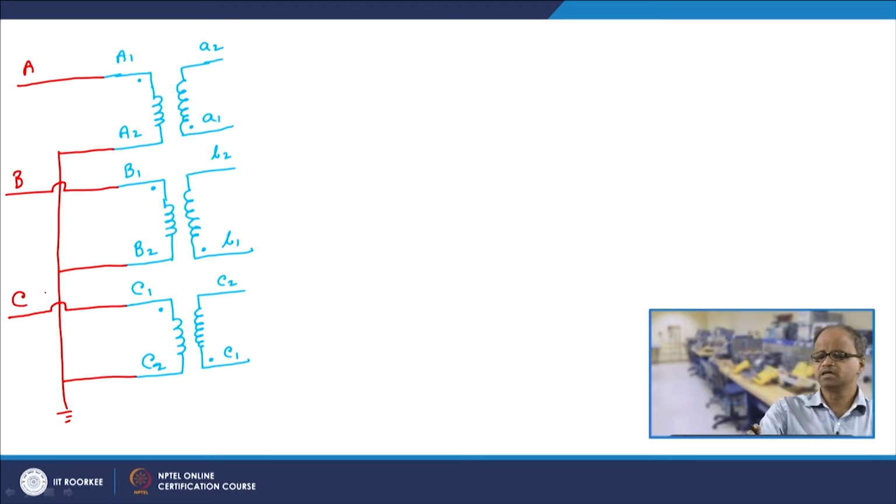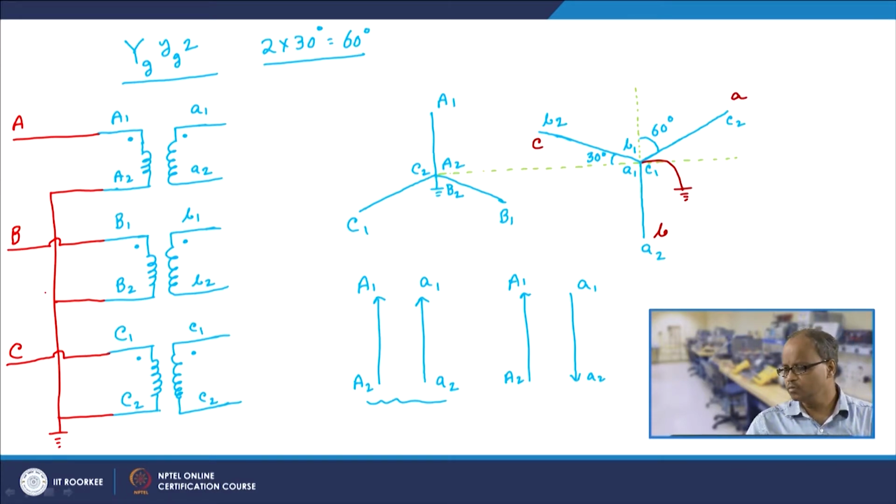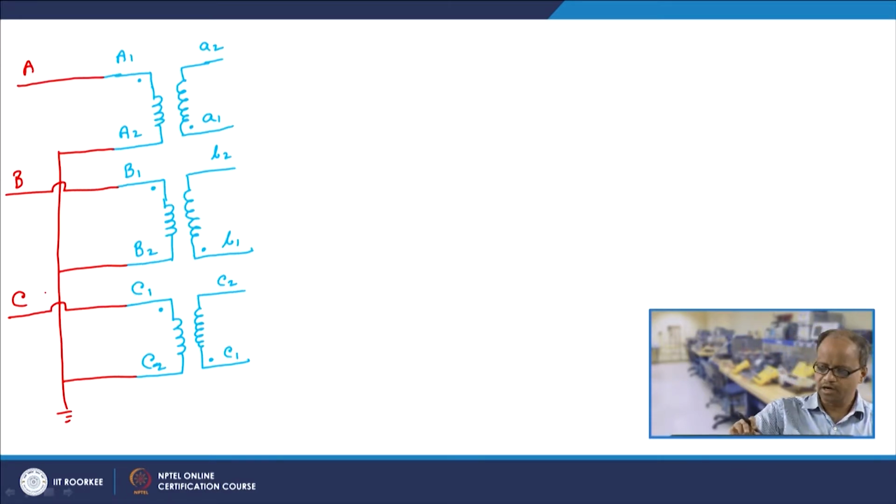Now at the secondary side, this phasor diagram tells me that A1, B1, C1 should be connected together and shorted to ground.